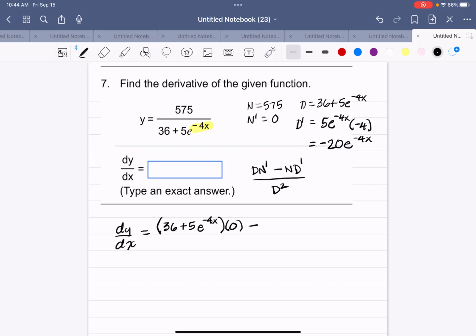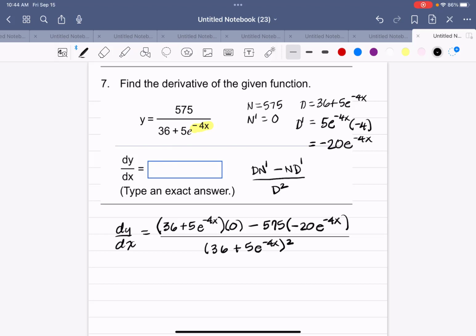Then minus our numerator, 575, times the derivative of our denominator, negative 20e to the negative 4x, and all of that is over the original denominator, 36 plus 5e to the negative 4x, and all of that is squared.